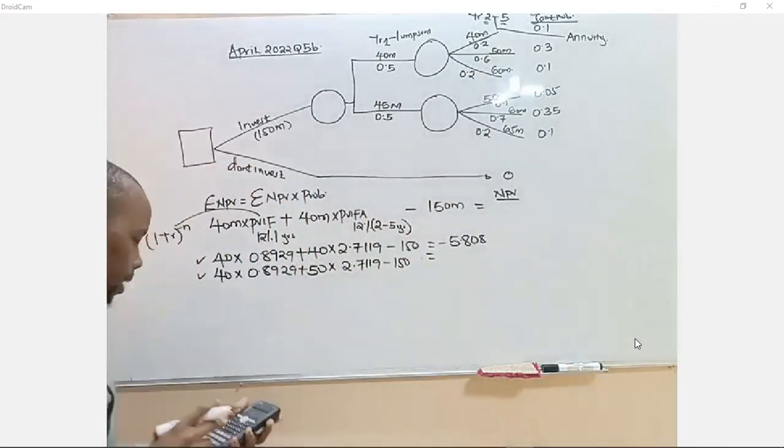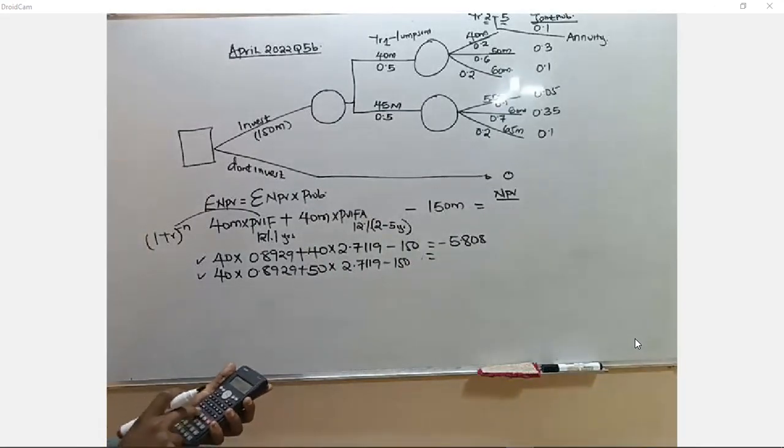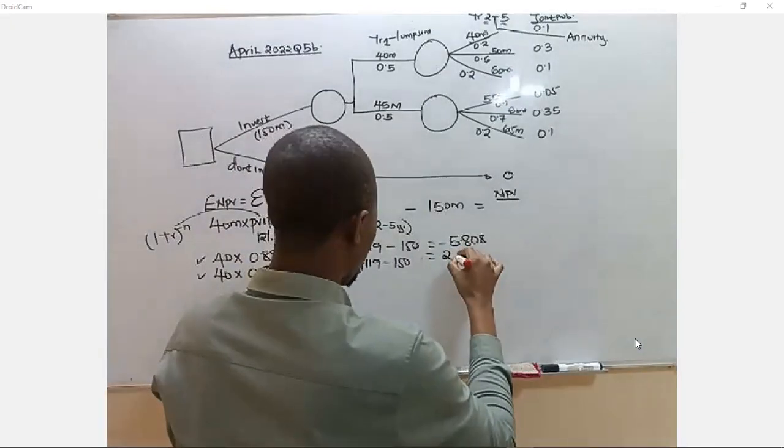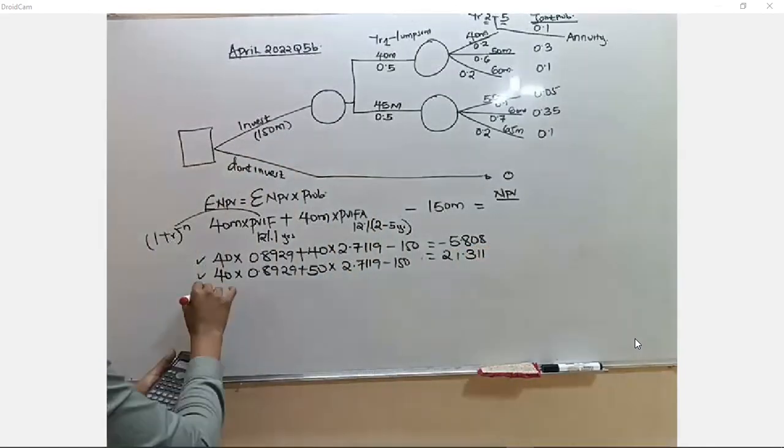How much is this? 40 times 0.8929 plus 50 times 2.7119 minus 150. We are getting 21.311. Good.